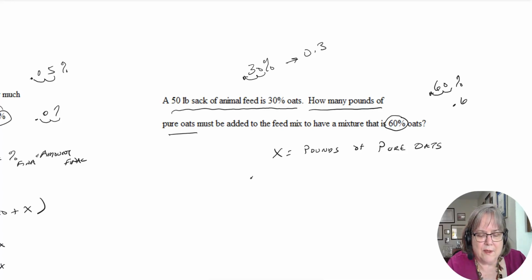So we have percent times the amount for type 1 plus the percent times the amount for type 2 equals the percent times the amount of the final.